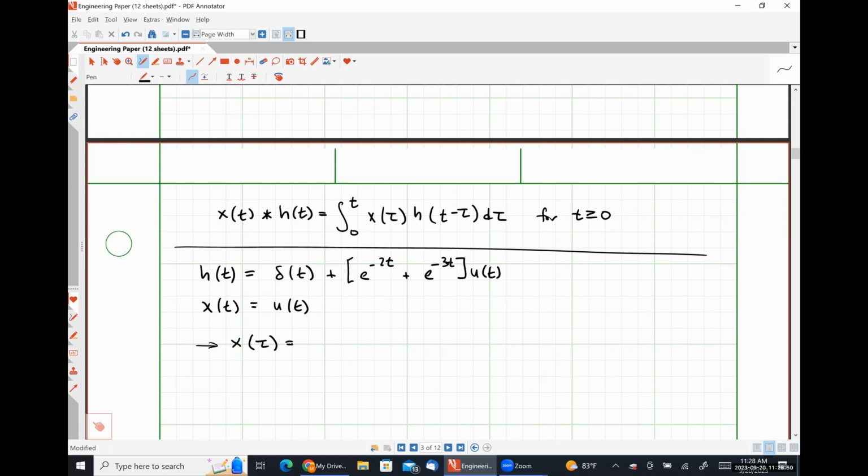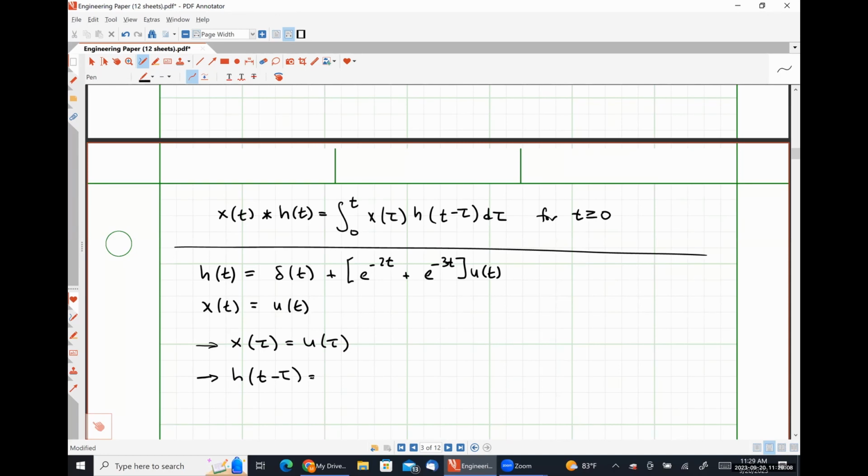So u of t is going to become u of tau. Now I'm going to define h of t minus tau.